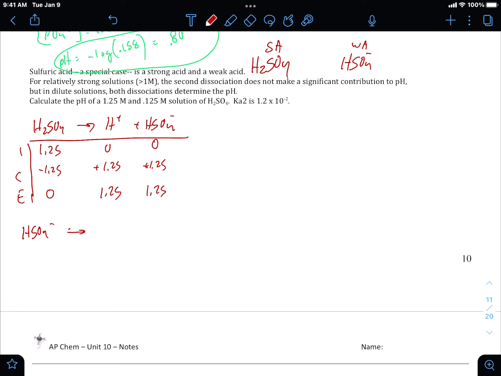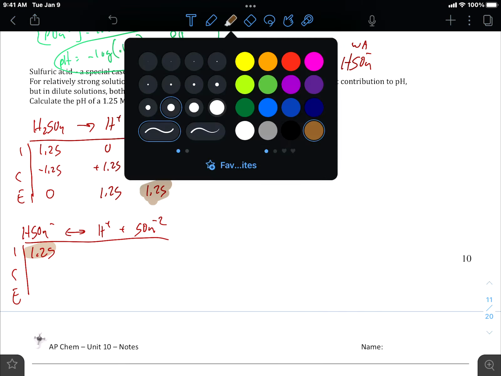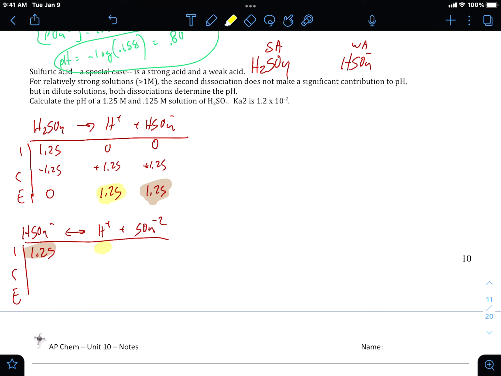But to carry out the secondary step, HSO4 minus, because this is a common ion problem, we carry over this value here, 1.25. We also carry this value here, 1.25, 0.